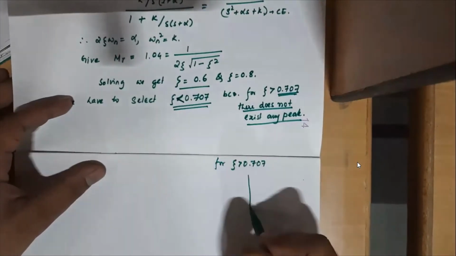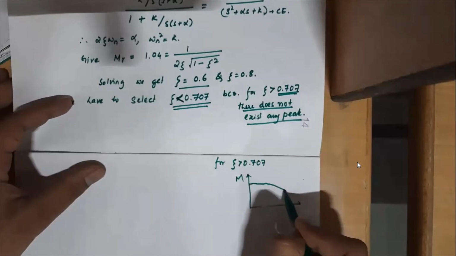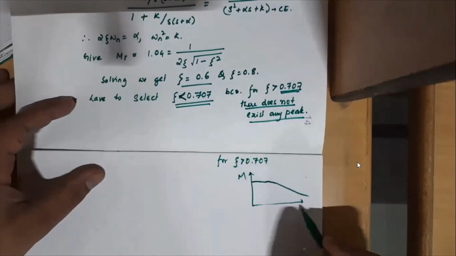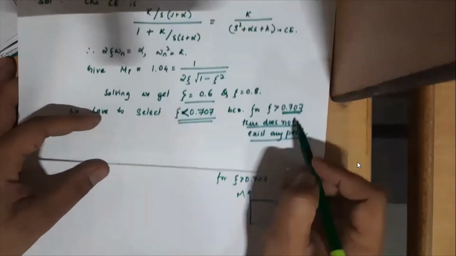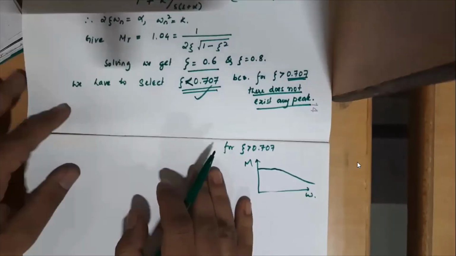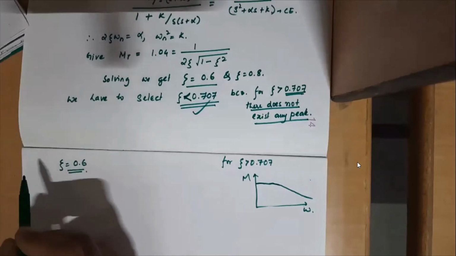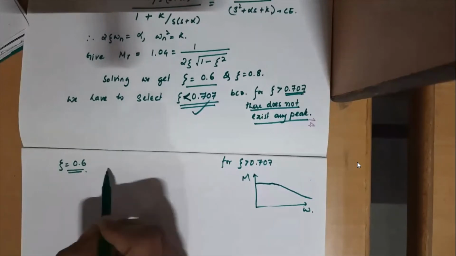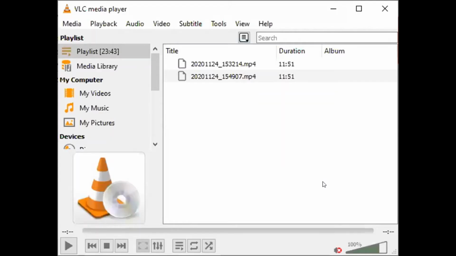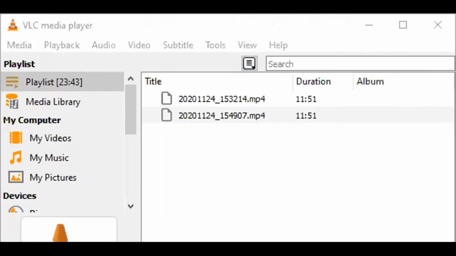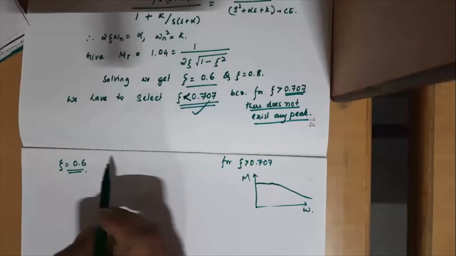So for the time being, let us see how the gain plot looks like for zeta greater than 0.707. There is no peak at all. So if you look at the frequency response of a system whose zeta is greater than 0.707, there isn't any peak. So we have to choose 0.6 because Mr they have given as 1.04.